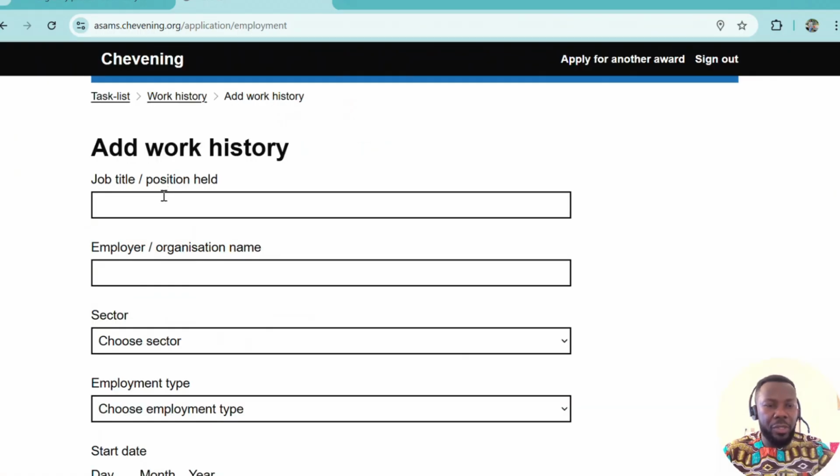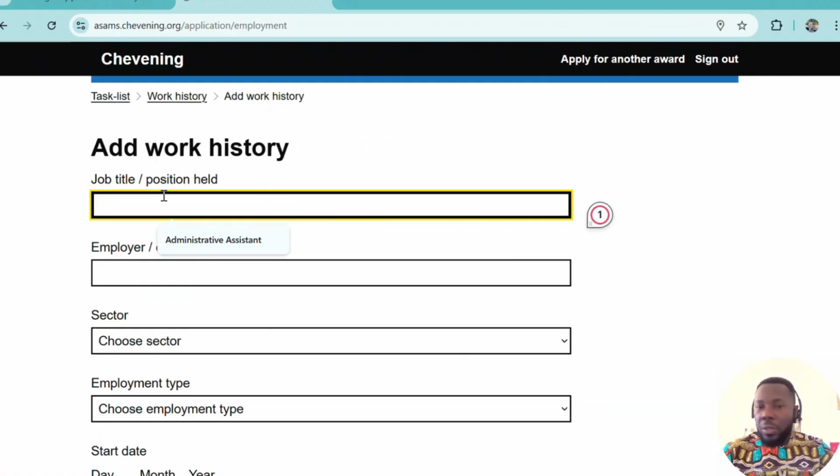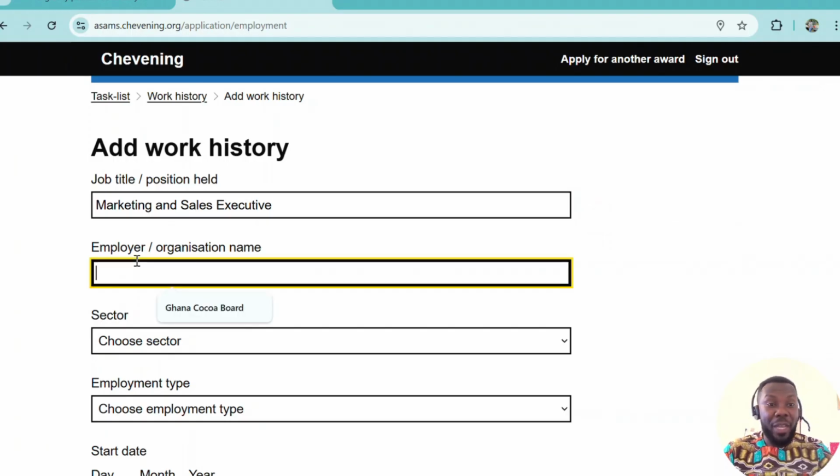Additional job title, marketing and sales specialist, executive. Make your portfolios exciting. Employer, Samsung Ghana Limited.